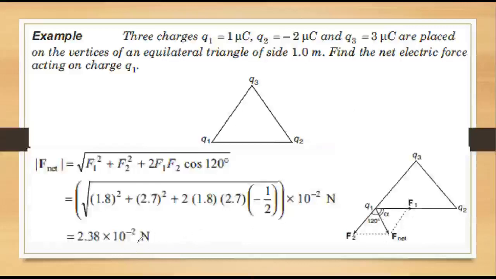The calculation part you can also do using a calculator, no problem. But the concept is very important. For the time being you can use a calculator for calculation, but the concept part is very important.